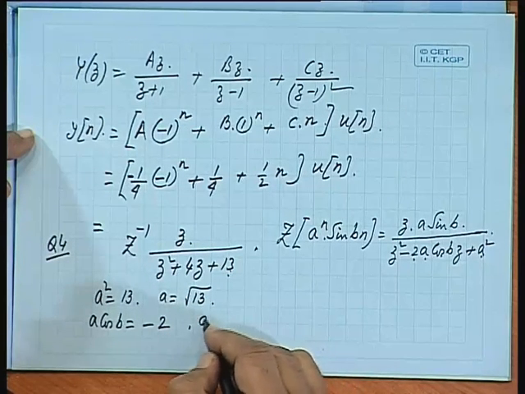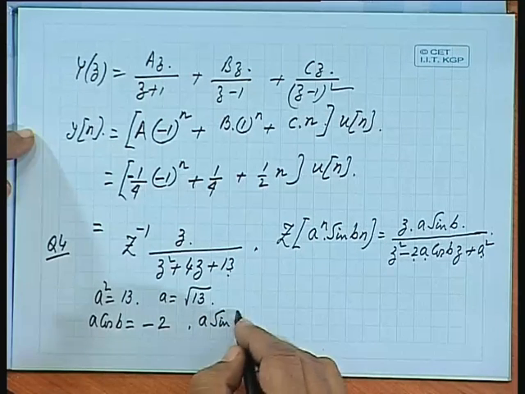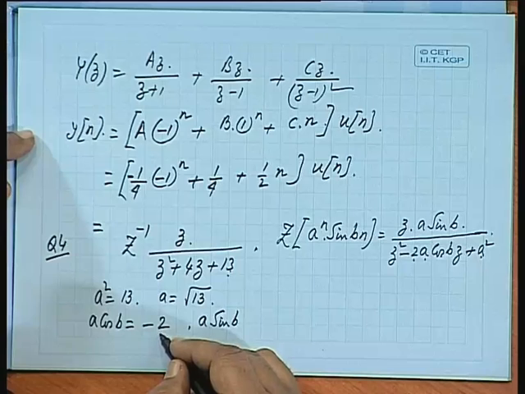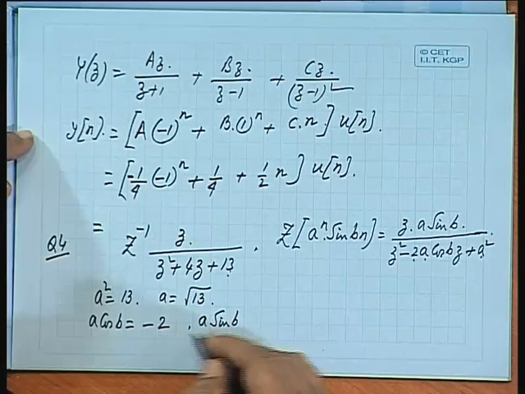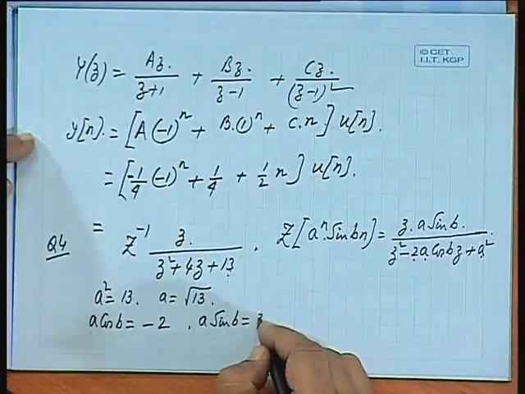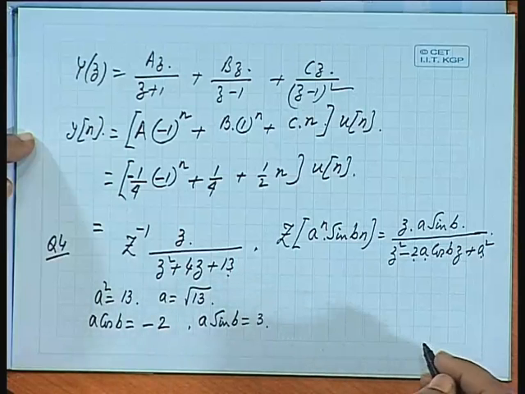So, what will be a sin b? 13 minus 2 square 4, 13 minus 4 under root, so it will be 3.